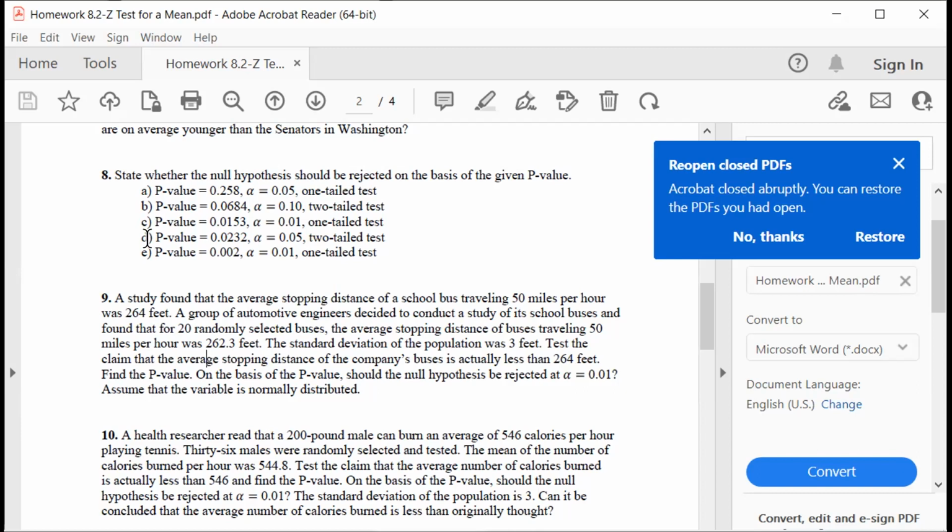So what do you think about part A? P-value is 0.258. Alpha is 0.05. And it's one tail. How does the p-value compare to the alpha level?